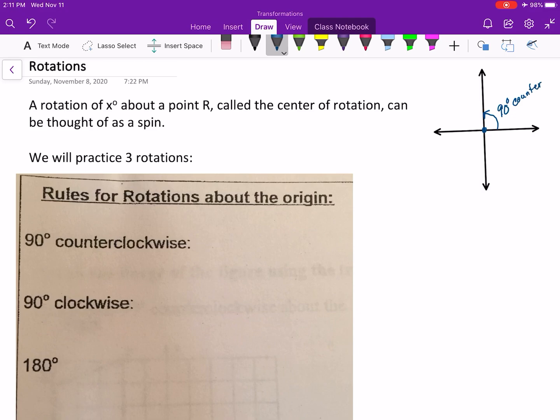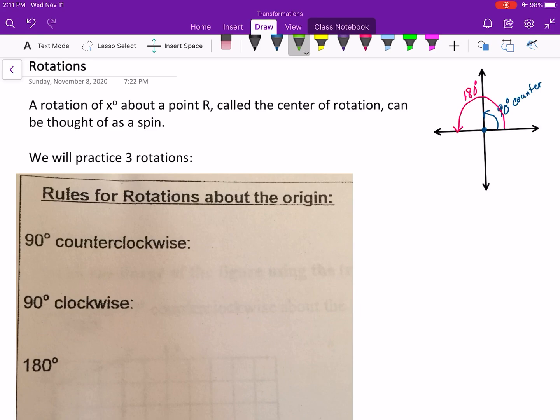A 180-degree spin, I think you remember what 180 degrees is, would be flipping it around backward. That's 180 degrees, or 180 degrees counterclockwise.